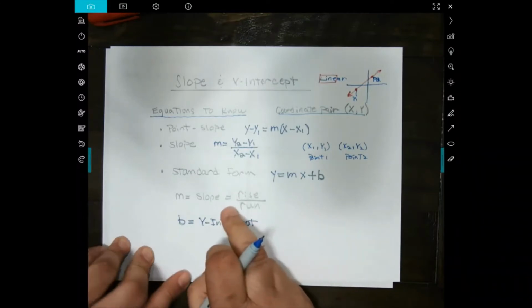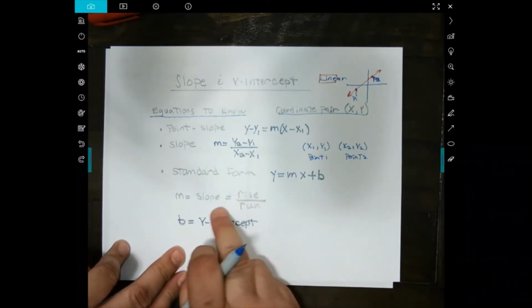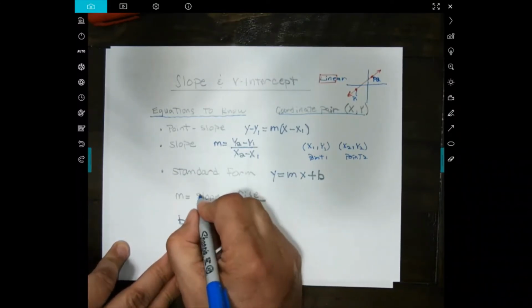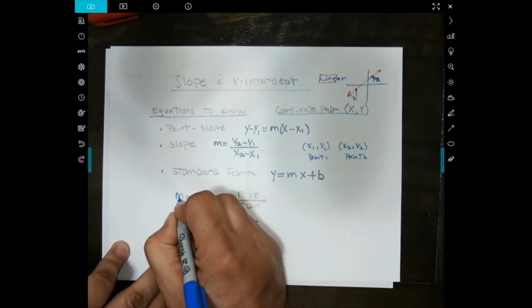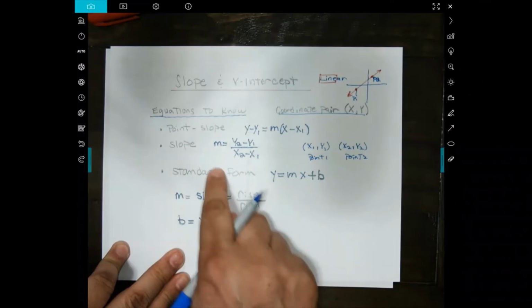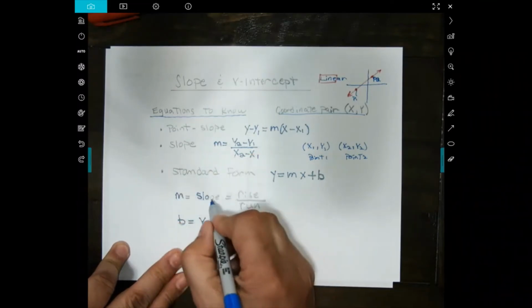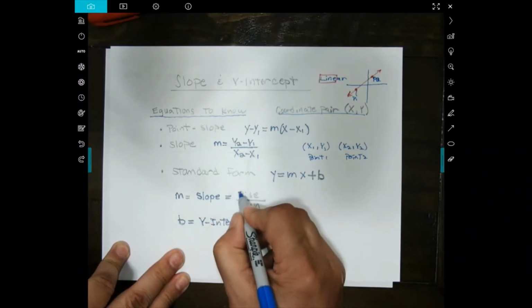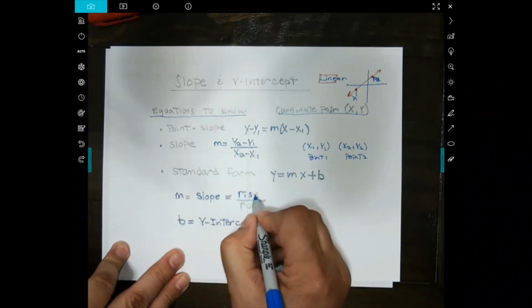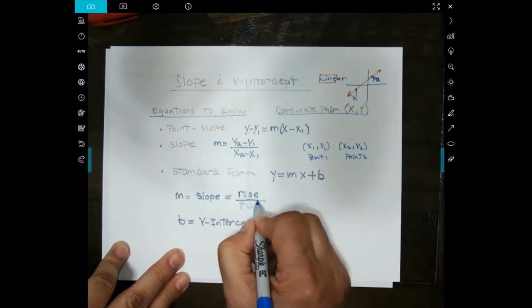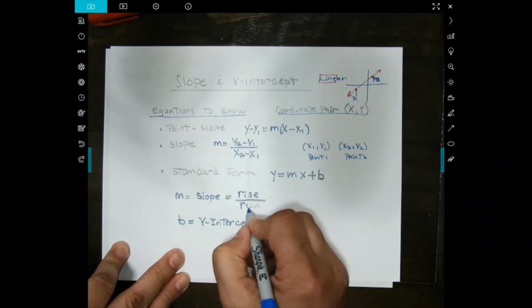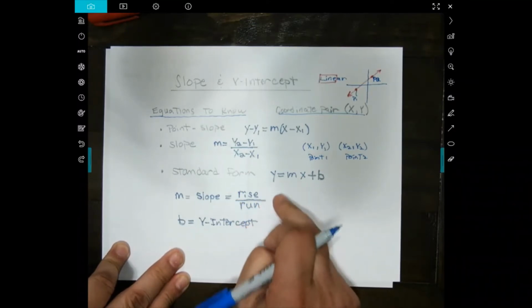And I also want you to recall that the slope, we've already given you an equation for it here, but the slope is also the rise over the run between any 2 points on the line.